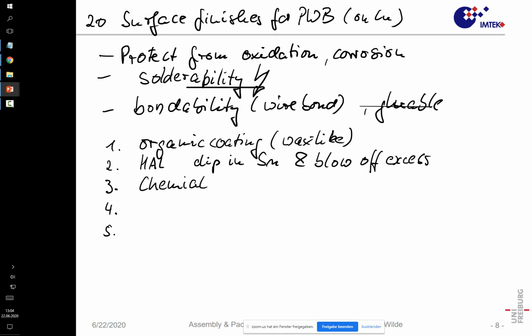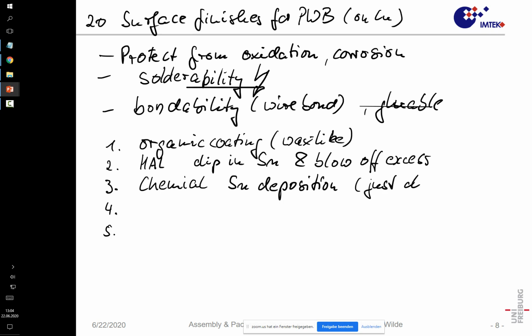So, in fact, the copper surface is both anode and cathode. And in that way, we can have a reduction process, and we can create a tin deposition. So it's a chemical tin. So we just dip it into the soup, yes?